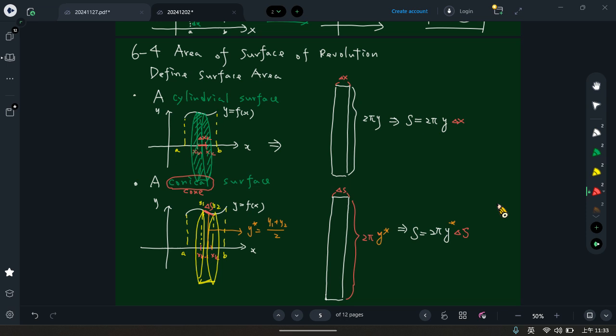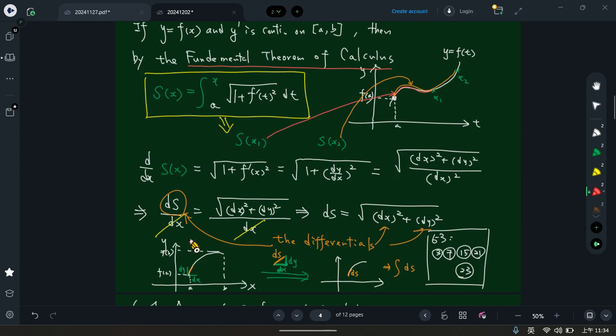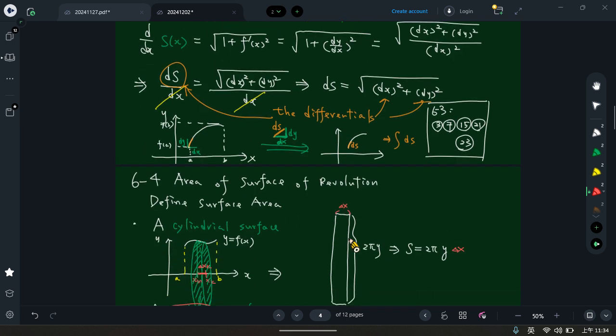But the only problem is that delta x and delta s are different. That's why I introduced the S variable. Did you still remember? S is about the arc length, but x is about the difference in the x direction.